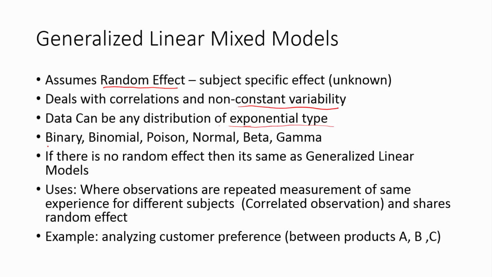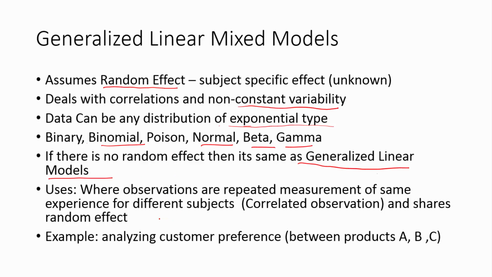Some of these distributions are binary, Poisson, normal, beta, and gamma distributions. If there is no random effect, then it's the same as the generalized linear model that we have seen in other videos. If there is absolutely no random effect, it's exactly the same as generalized linear models.